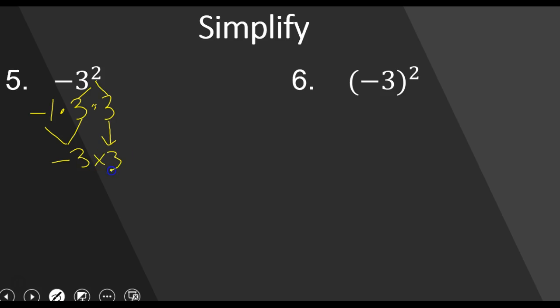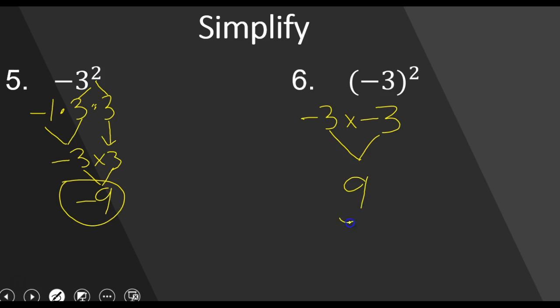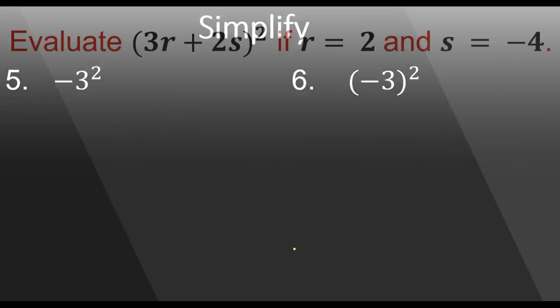And -3 times 3, it's -9. So your answer is negative. But here the negative is squared. So we're gonna do -3 times -3. So -3 times -3 is +9. Again, watch for these things.